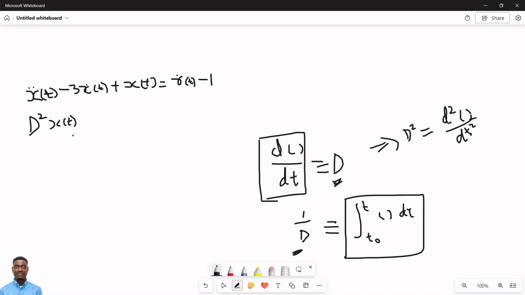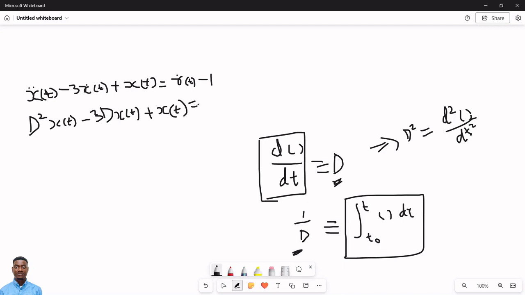So that's why I have d squared x of t, showing that we're differentiating with respect to time, minus 3, that will be 3d x of t, then plus x of t, because it has not been differentiated at all, so it's just normal x of t there.